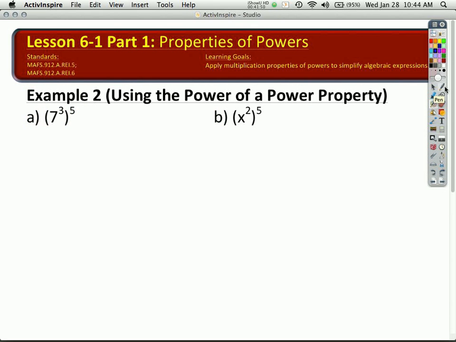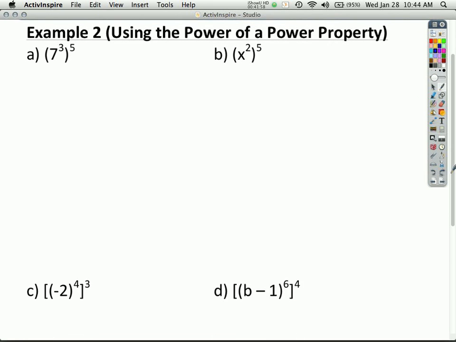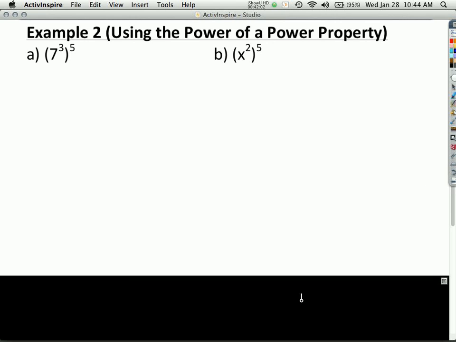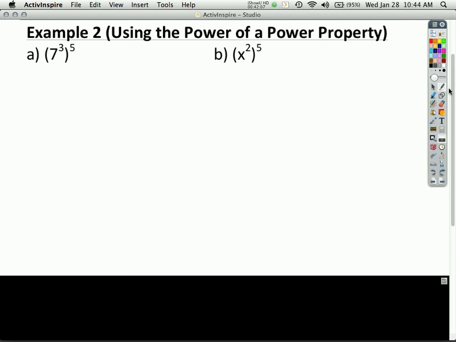So, example 2, my favorite property, power of a power. Again, we could do this the long way. I don't expect you to write this, but I just want to quickly show you what's actually happening.